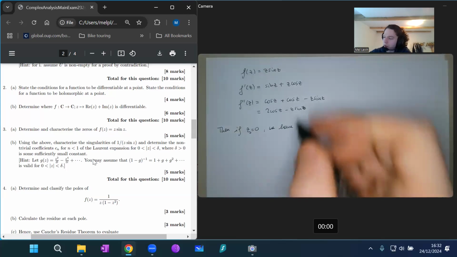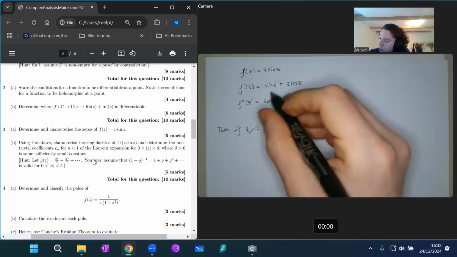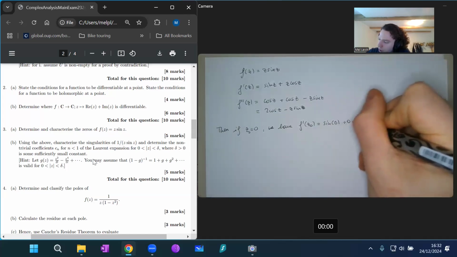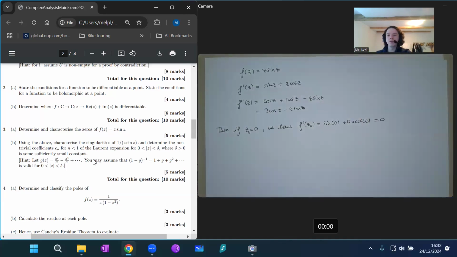And what about f prime of z naught? It will be equal to sine of naught plus naught times cos of naught, which is going to give us naught.